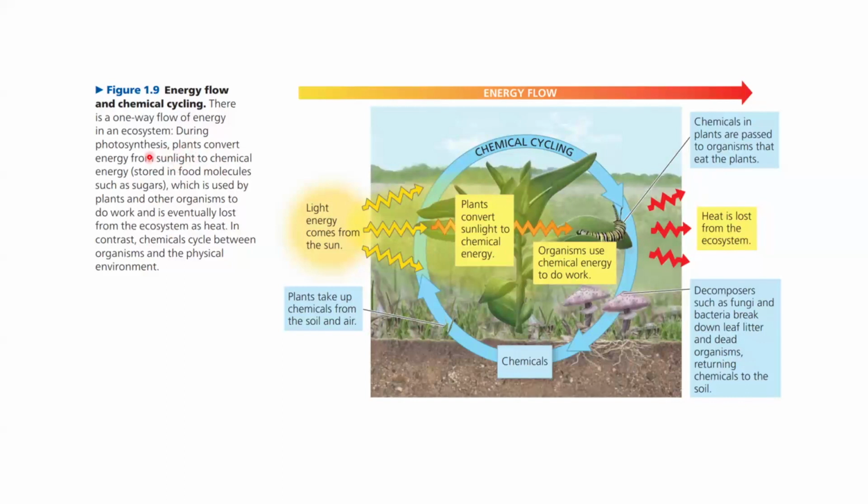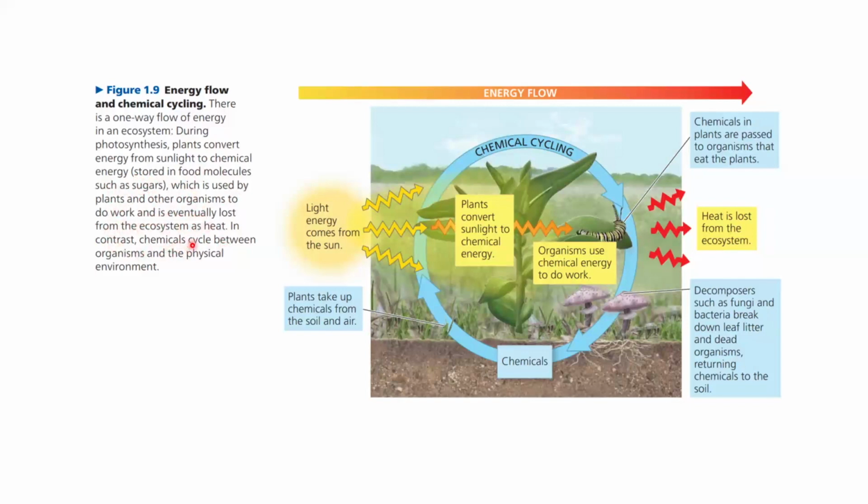But yeah, during photosynthesis, plants convert energy from sunlight to chemical energy stored in food molecules such as sugars, for example, that glucose that I mentioned earlier, which is used by plants and other organisms to do work and is eventually lost from the ecosystem as heat.